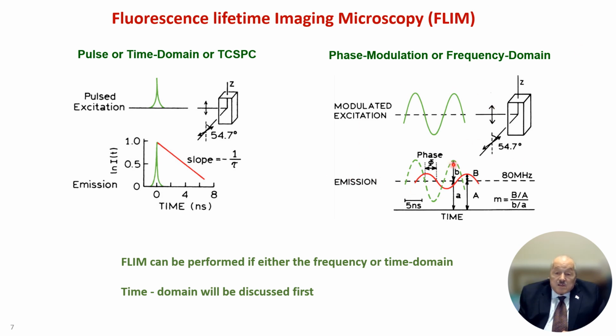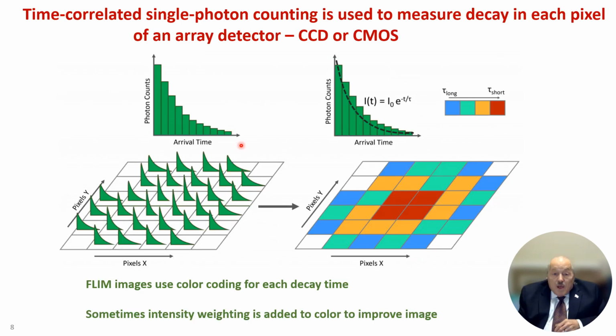So we will discuss the frequency domain FLIM in the next lecture, but for the moment we're going to discuss time domain. So how do you do a lifetime imaging in the time domain? Basically, you have to do the standard experiment of time-correlated photon counting and measure the intensity decay in each pixel of your array detector, be it CCD or CMOS.